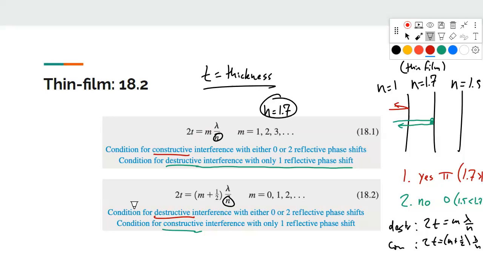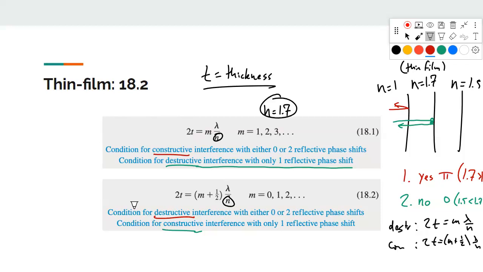Basically, if you get neither or both, then the top equation is constructive and the bottom is destructive. But if you only get a phase shift on one of the two surfaces, then it's flipped. The top equation is destructive and the bottom is constructive. The reason that it's flipped, just to help your intuition, is that when only one of them phase shifts, that's like saying that one of the waves coming out got flipped upside down.